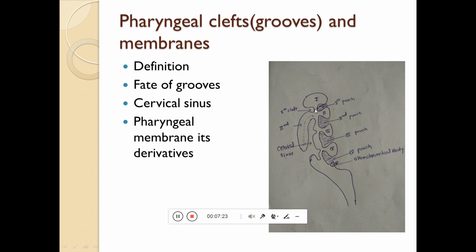All the other membranes disappear, so only the first pharyngeal membrane gives rise to the tympanic membrane. The tympanic membrane developmentally has all three germ layers: the outer layer is ectoderm, the inner is endoderm, and in between is fibrous mesoderm. So this is about the pharyngeal groove, cervical sinus, pharyngeal arches, and pharyngeal membranes and their derivatives.